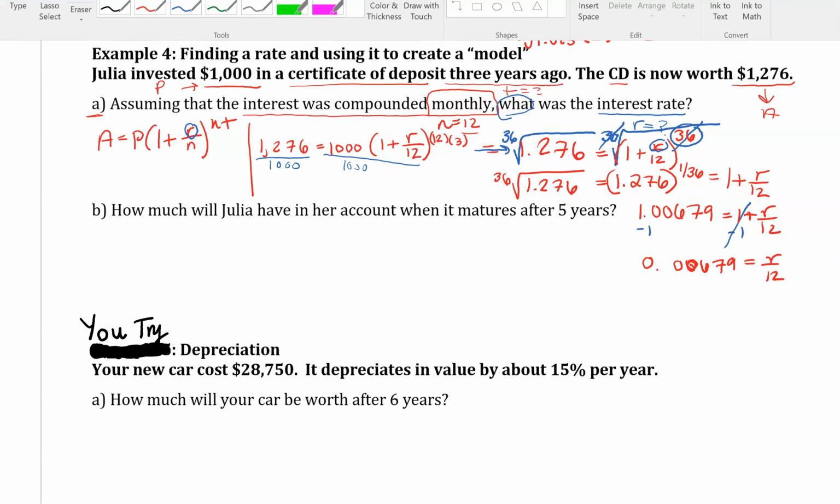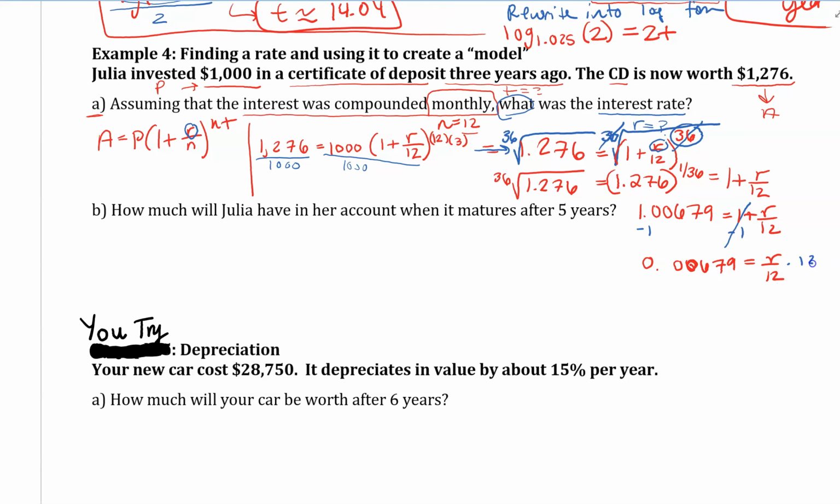And then I just need to multiply both sides by 12 to solve for R, which remember, R is that annual interest rate. So I get, when I do that, I get R is equal to 0.0815. Well, maybe I'll go one more decimal, 0.08152.